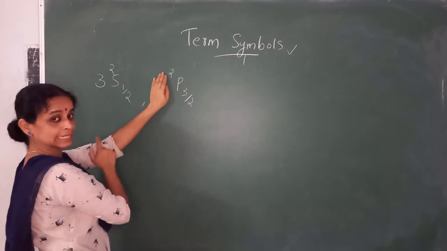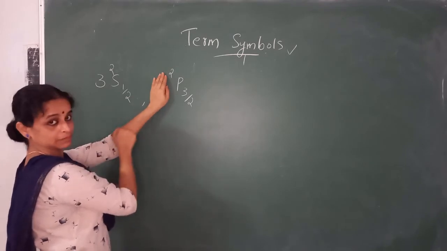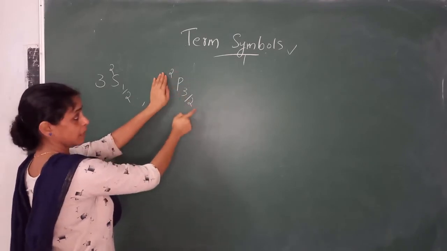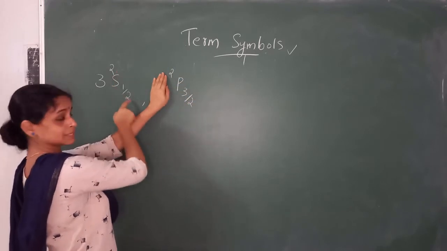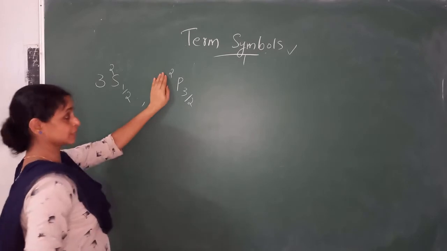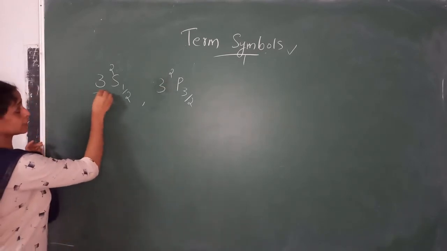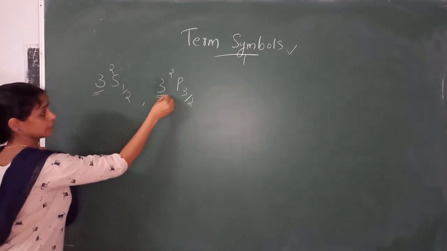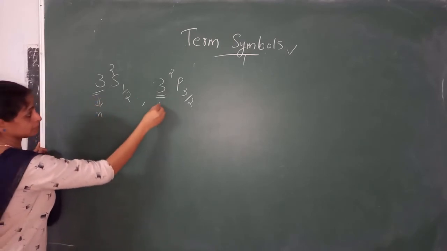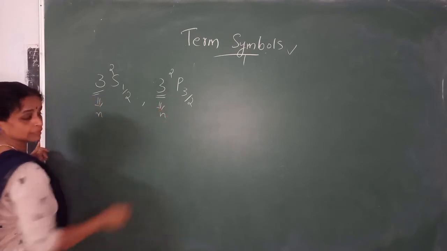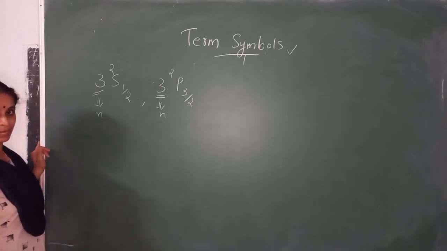Like that we can read these term symbols: doublet P half, doublet P 3 by 2, doublet S 1 by 2. Usually we have added a number here, which represents n, the principal quantum number. This 3 represents the n value.